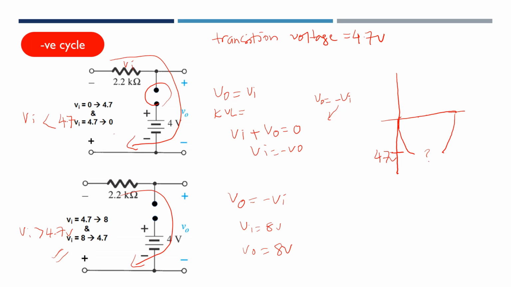So after 4.7, we can expand our graph up to 8 volt. Finally, we can draw a proper graph in order to combine the positive cycle and negative cycle.